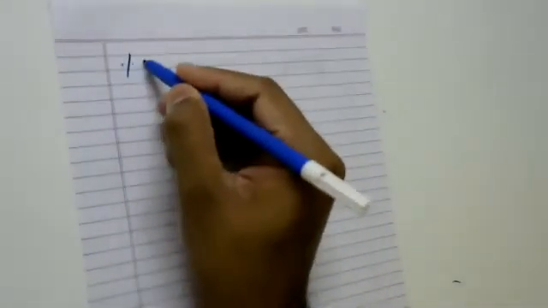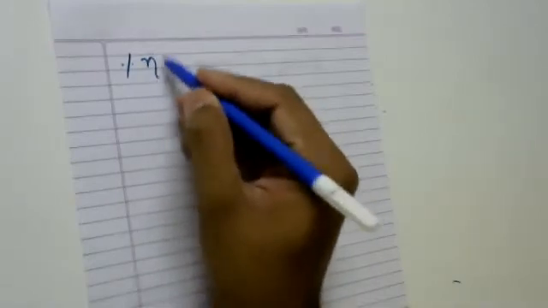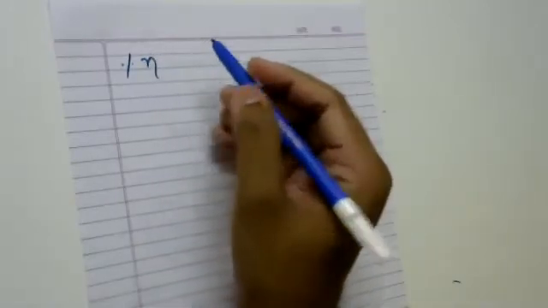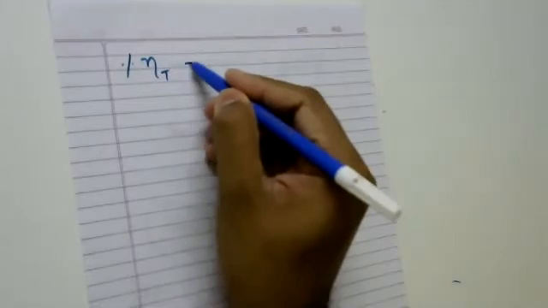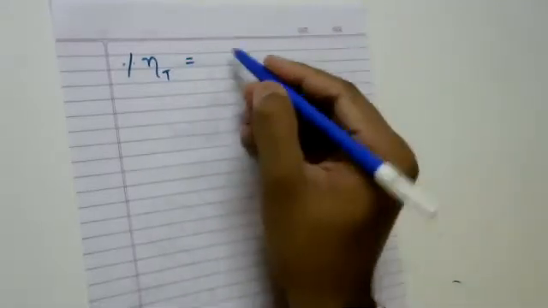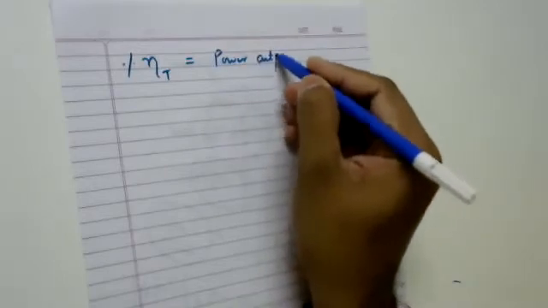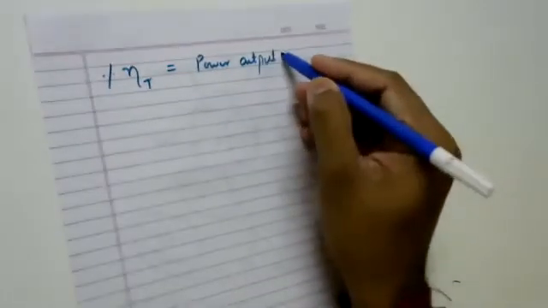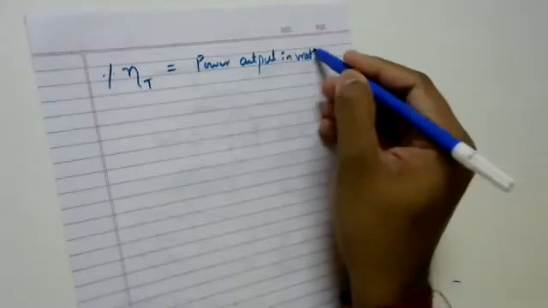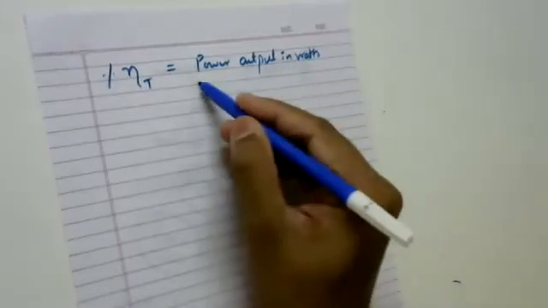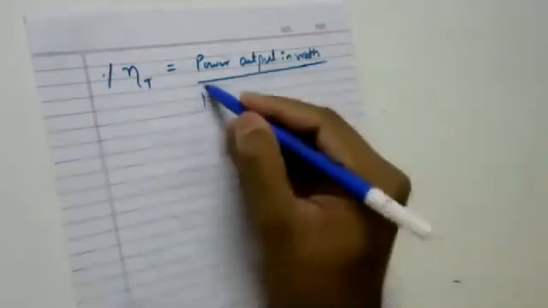So let me say the efficiency of the transformer, this symbol is called eta. The efficiency of transformer eta T is defined as power output in watts divided by power input in watts.